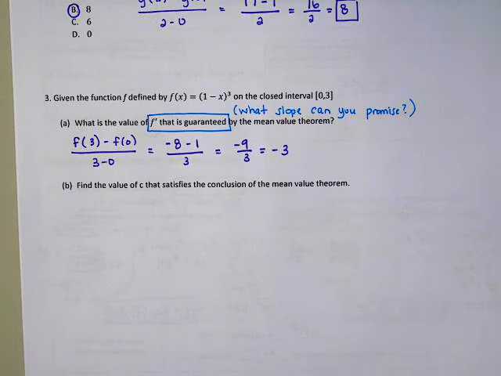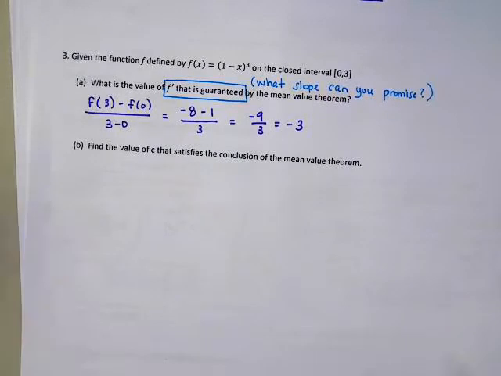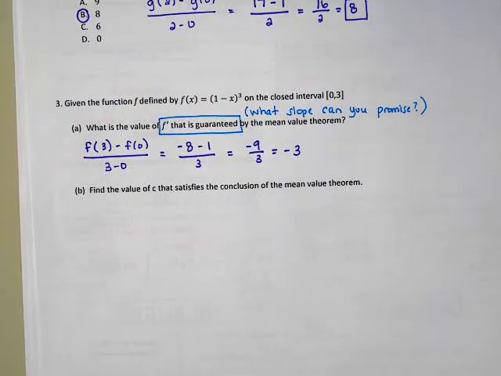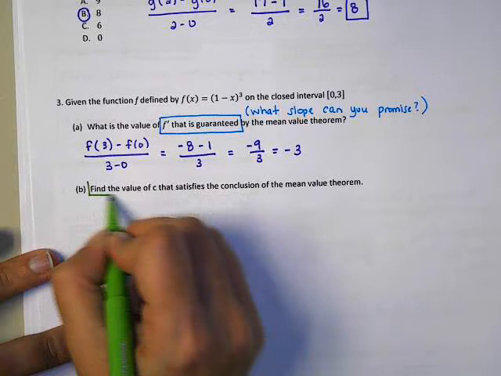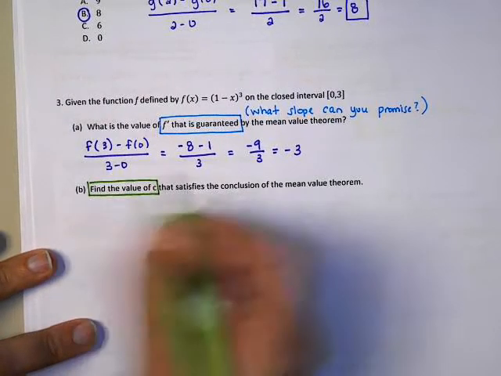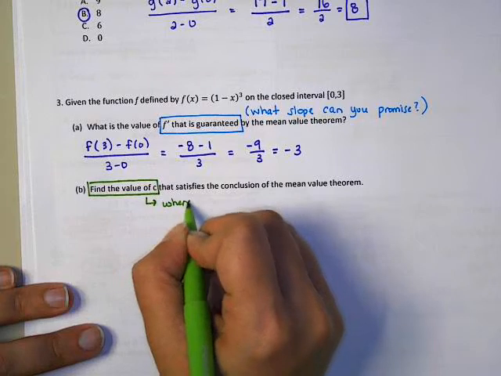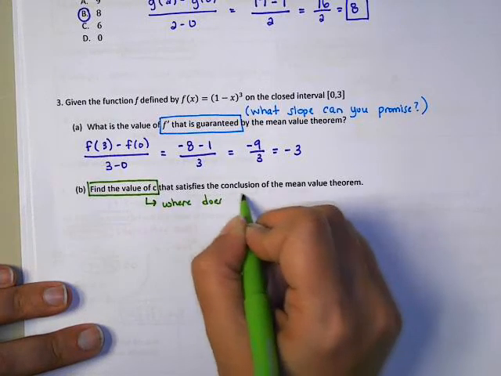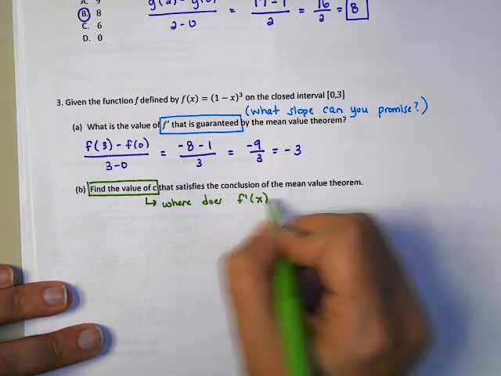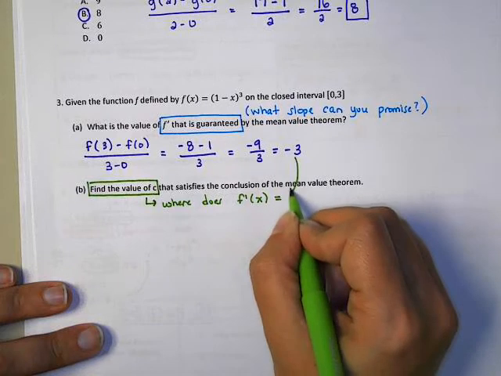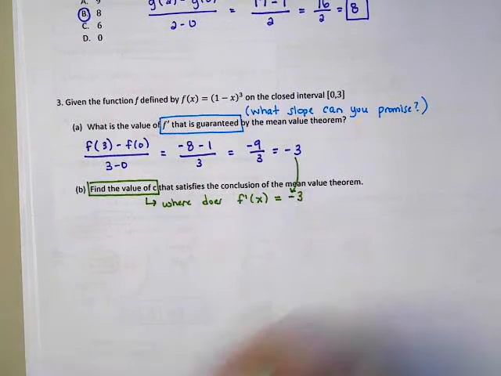What is the value of c that satisfies this conclusion? Part B is a little bit different than Part A because Part B says, now find the value of c. So this is asking me, where does f prime of x equal the slope that I just found, -3?